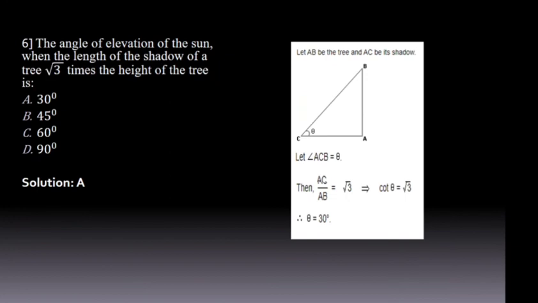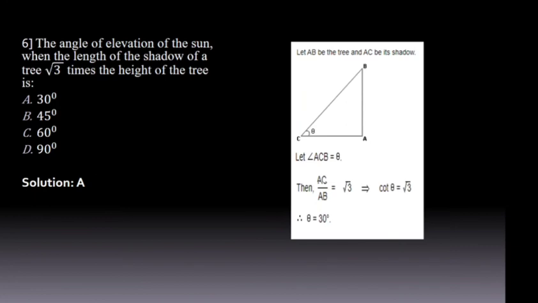And the last problem. The angle of elevation of the sun when the length of the shadow of a tree is √3 times the height of the tree is. Now in this particular problem, drawing of the figure is very important. Now if you just read the problem, you will see that only one particular quantity, root 3, is given.